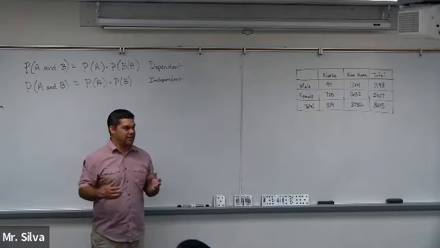This is a conditional probability rule. Whenever you see the word and, we have to understand the multiplication rule first. When it says and, that means we're going to multiply probabilities together, kind of like the fundamental counting principle. We're going to multiply these two probabilities together. Find the probability of event A and B.